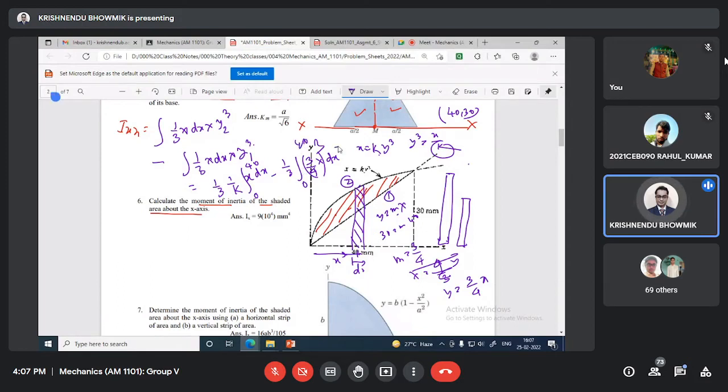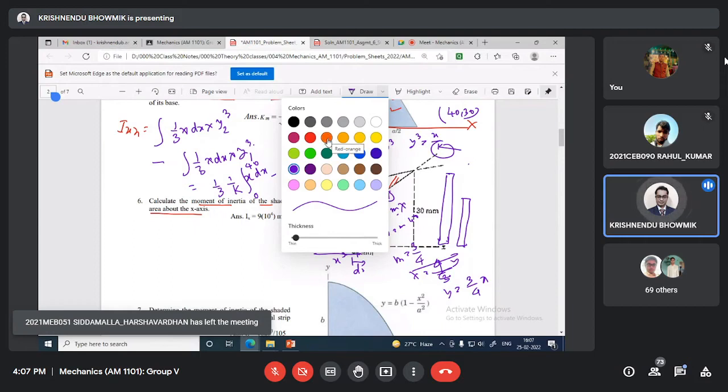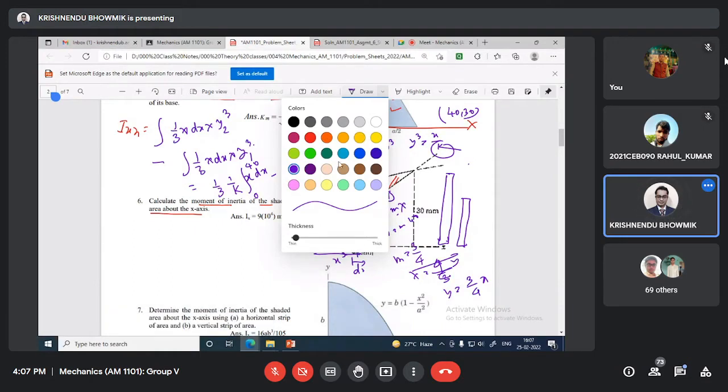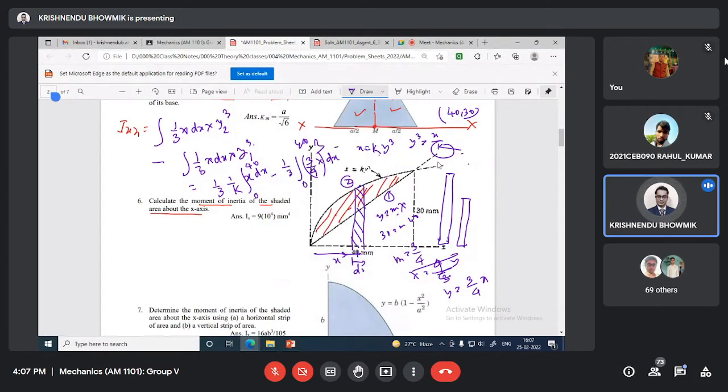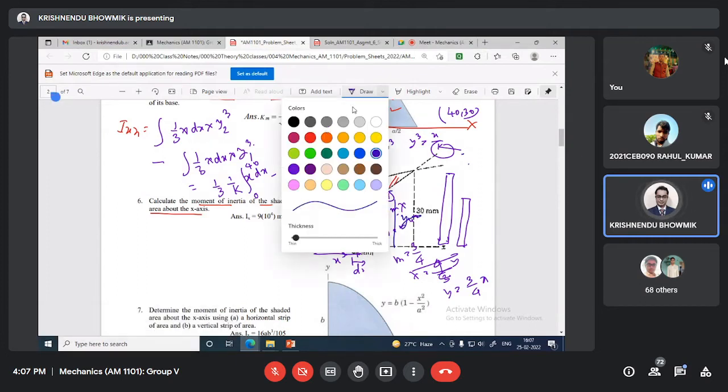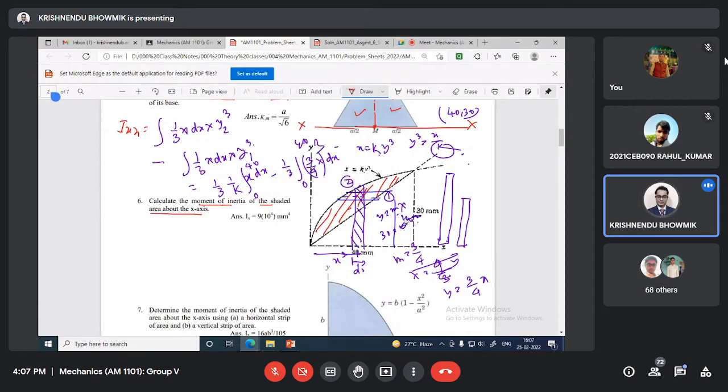You can do the integrations, or maybe you can try with the horizontal strip like this. This is the horizontal strip, and this is y. dA equals x1 minus x2 multiplied by dy.